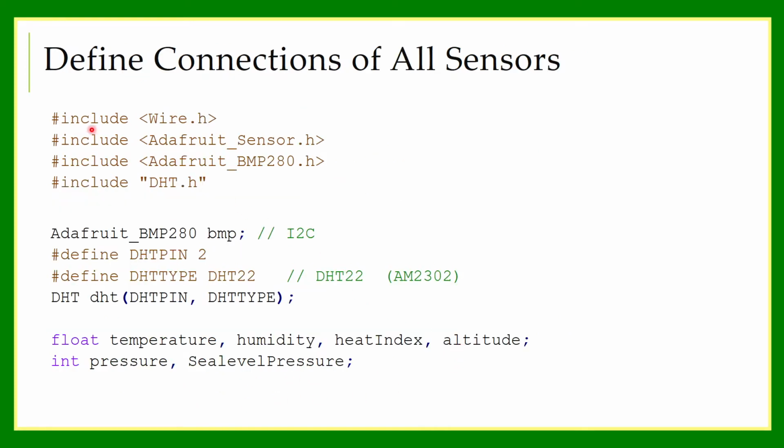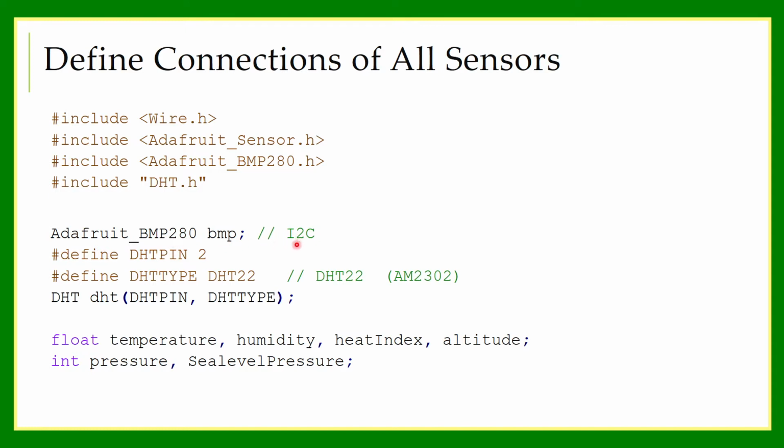Then you have to include the sensor libraries so that we can measure our sensors. Adafruit Sensor is for your Adafruit BMP280 and DHT sensor, etc. This one is Adafruit's unified sensor library, so it needs to be present to use any of the newer Adafruit libraries. Then we instantiate our BMP280 pressure sensor.